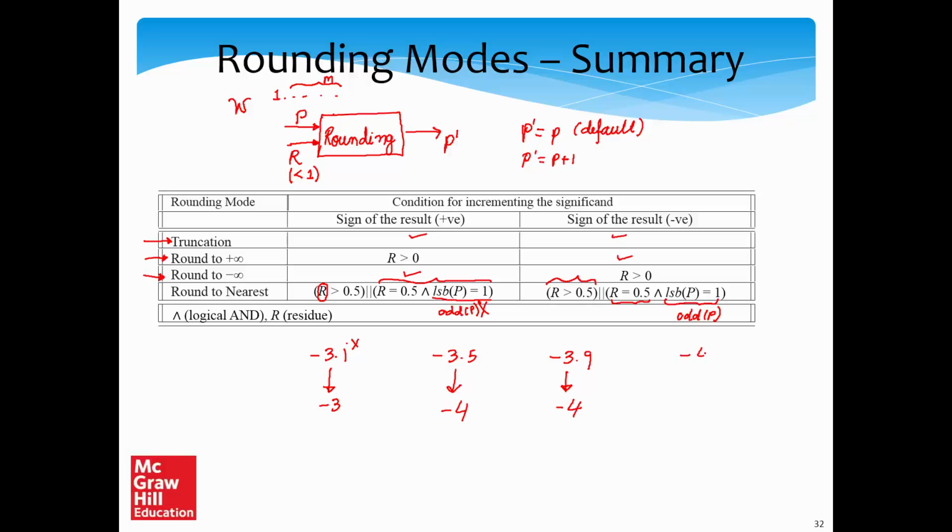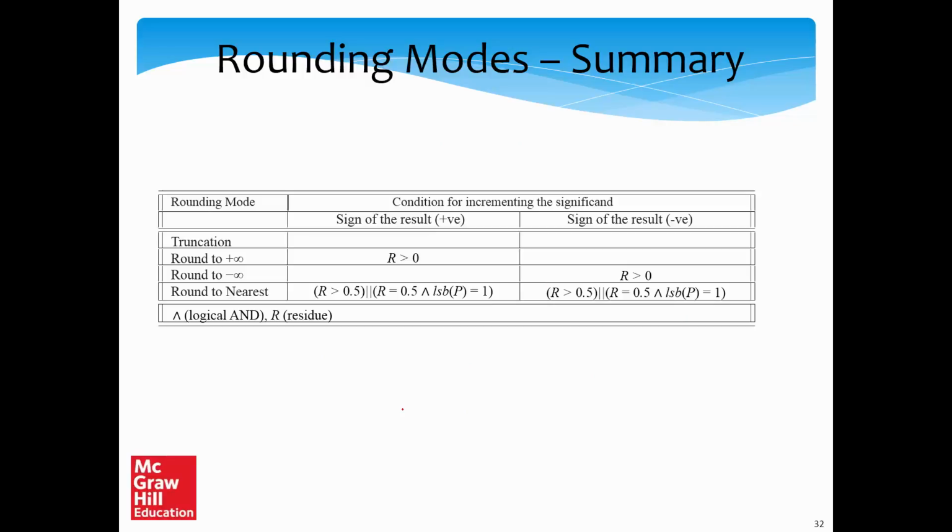Had it been minus 4.5, then this condition would have been false, because 4 is an even number. So instead, we would have rounded it to minus 4, which is exactly what we want to do in this particular scheme, that we always want to round it to an even number if the residue is 0.5.